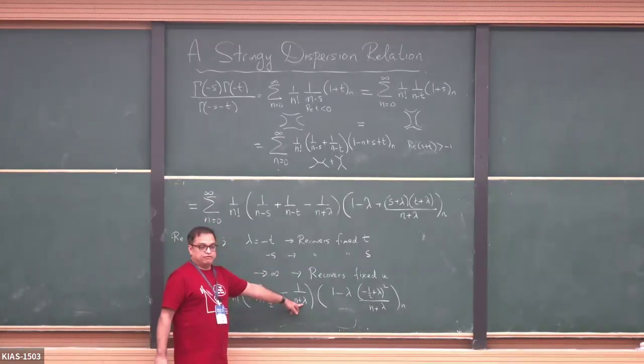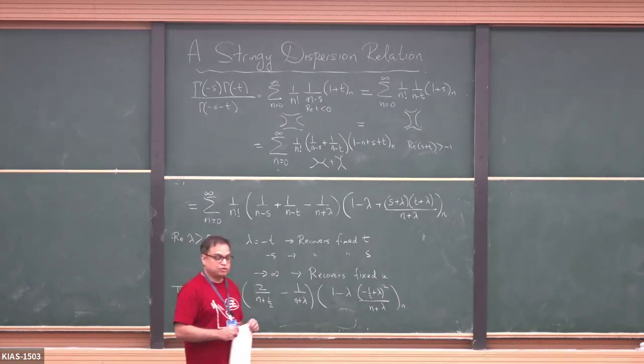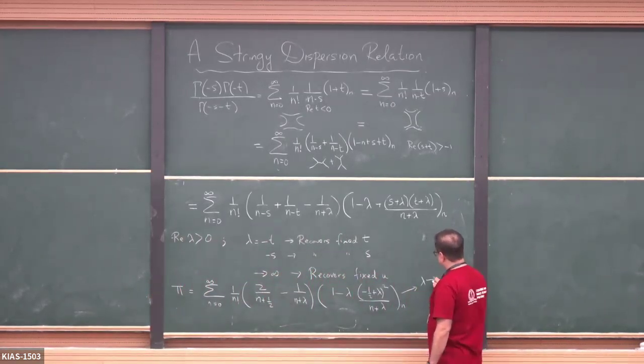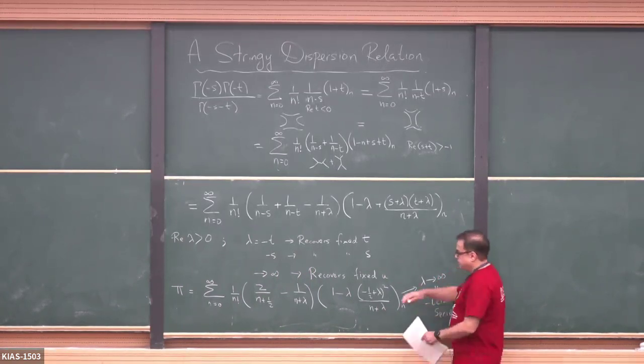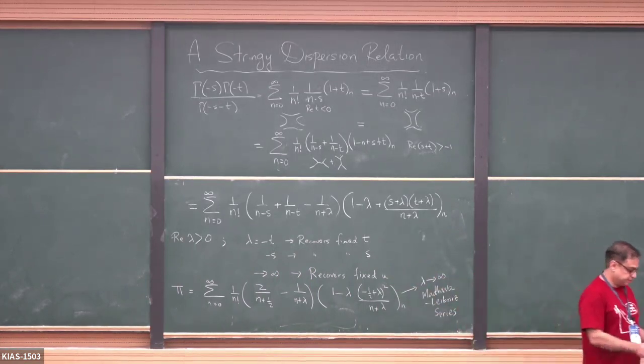If you take the lambda going to infinity limit, this gives you the first ever series representation that was known to men, which goes by the name of the Madhava-Leibniz series. So lambda going to infinity gives you the Madhava-Leibniz series. So you have a family of formulas which belongs to this series.